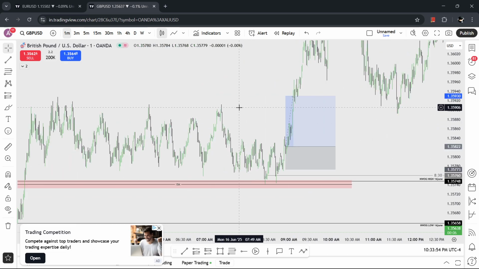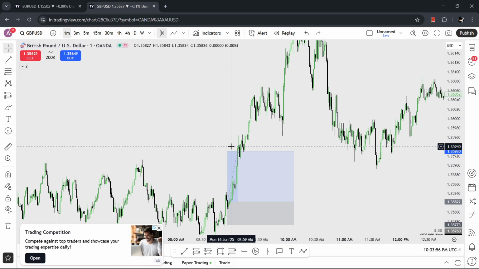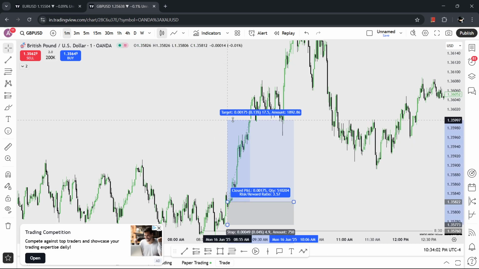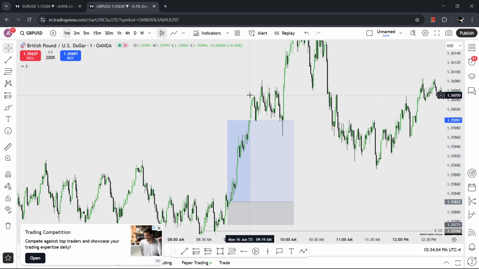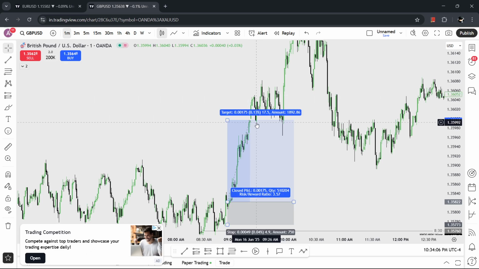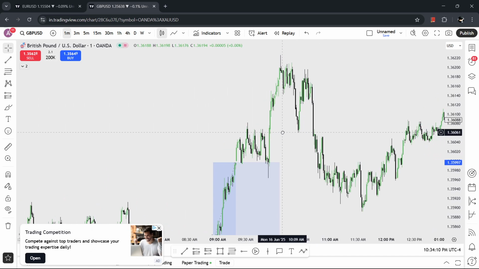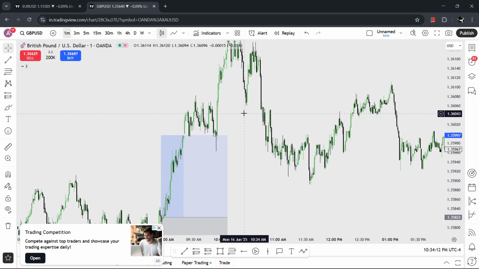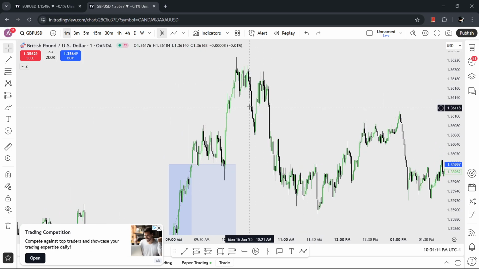So even after this, if you are just holding, you will get up to here. I think yes, up to here you will get, because when you get this structure shift, you will place your stops here, right? So it got triggered here. So yeah, that's it.